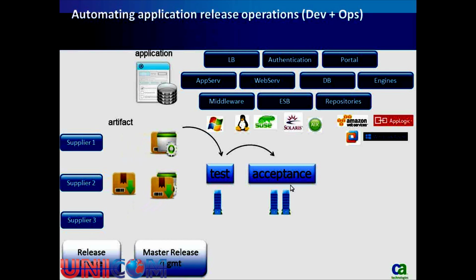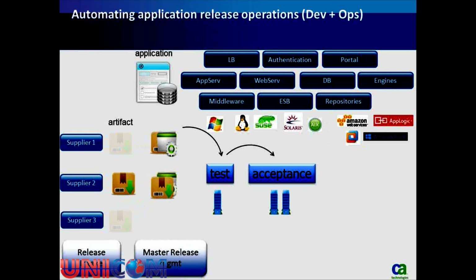What is also important is that we have the possibility to dynamically provision environments. And we have a couple of customers who will actually provision new servers as part of a release deployment process. So we can integrate directly with hypervisors, like, for instance, VMware or Amazon, or we can work with Windows Azure.